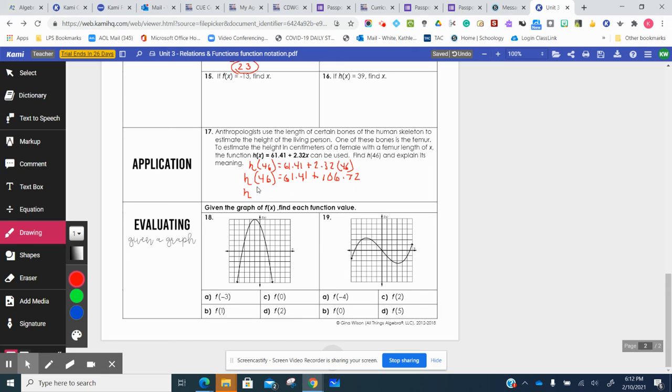And again, h of 46 is going to be equal to 168.13. Now, that's a height, right? So this is how tall the female would be.